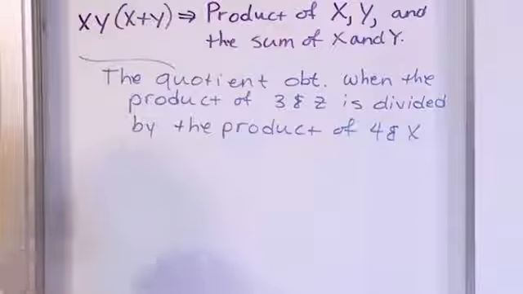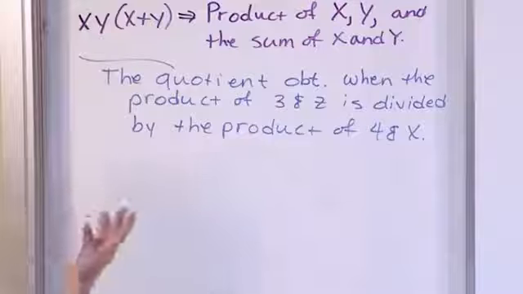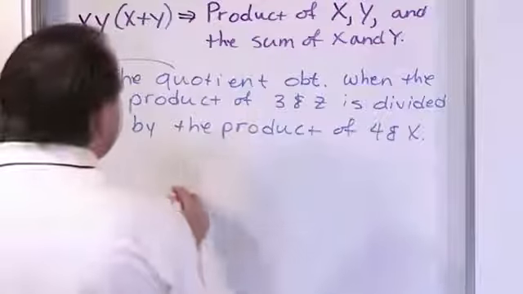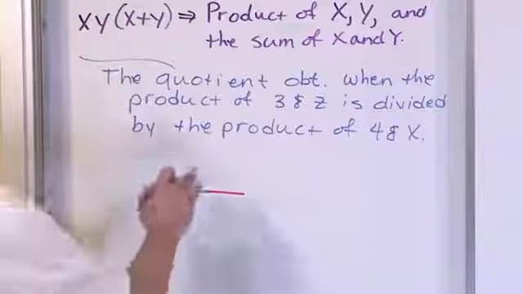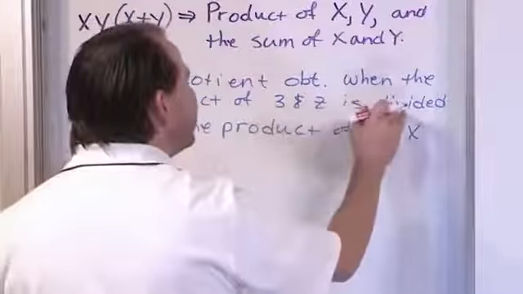Looks complicated, but it's not complicated. Because you have a quotient. It's a quotient obtained. That means you have division. Something has to be on top, something has to be on bottom. It's a quotient obtained when the product of 3 and z is divided by something.